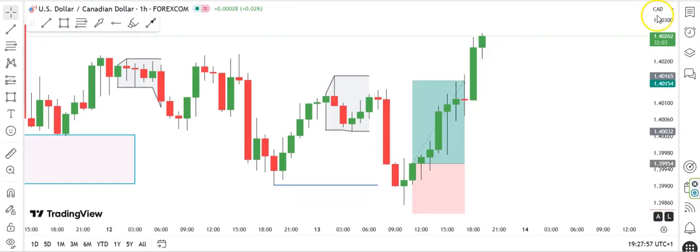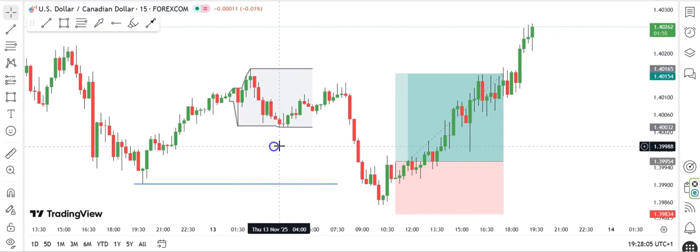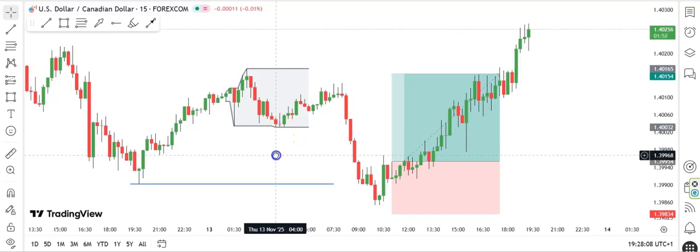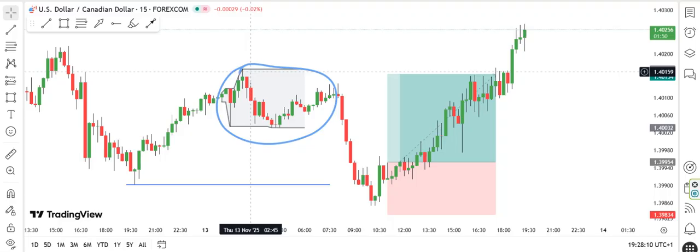So if you go back to that 1-hourly or even 15-minute time frame, this is where we got our nice shift to the upside. That was our accumulation.